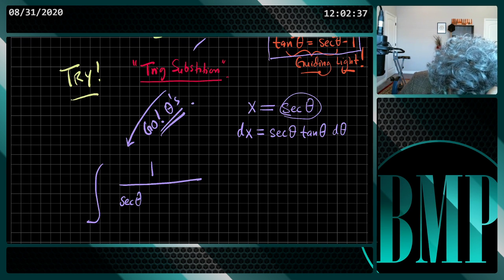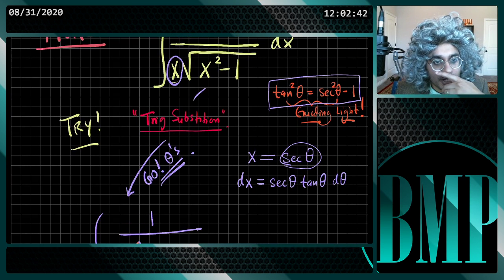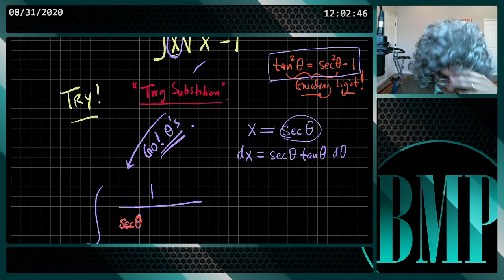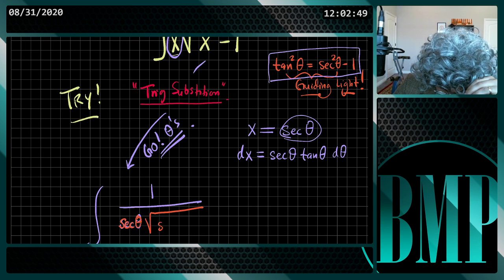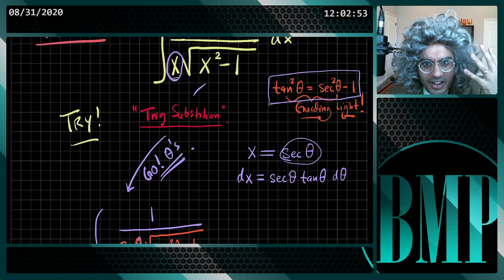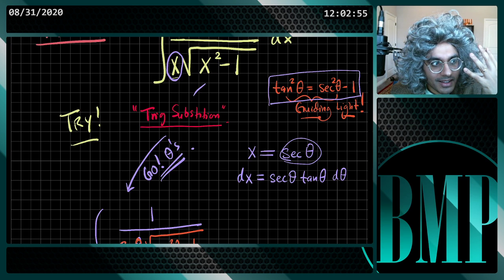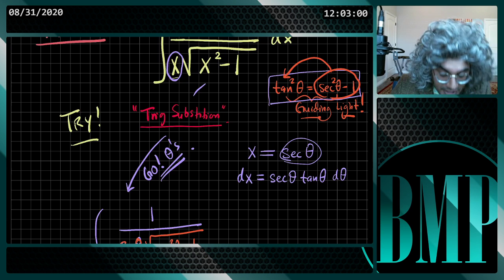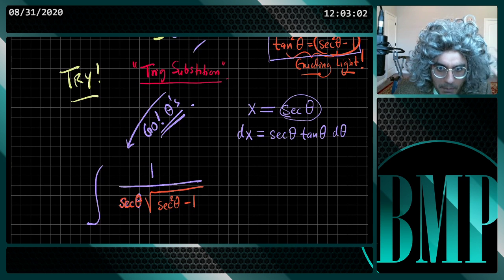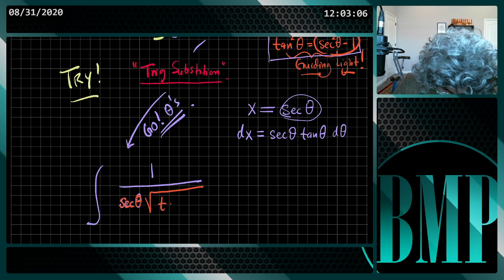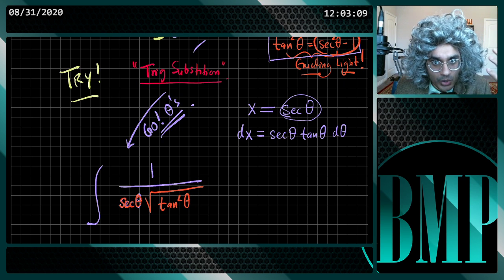My coloring scheme is all gone now, but whatever. That's x times the square root of secant squared minus 1. But hold on. Secant squared minus 1 can be traded for this perfect square, which is the best because we're underneath the oppressive regime of a square root.